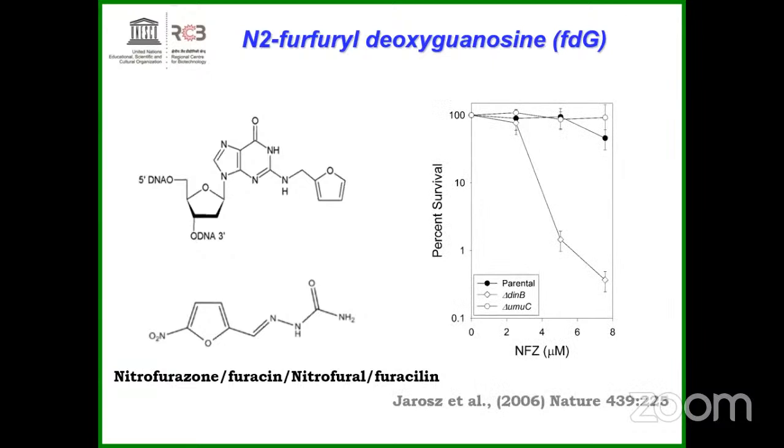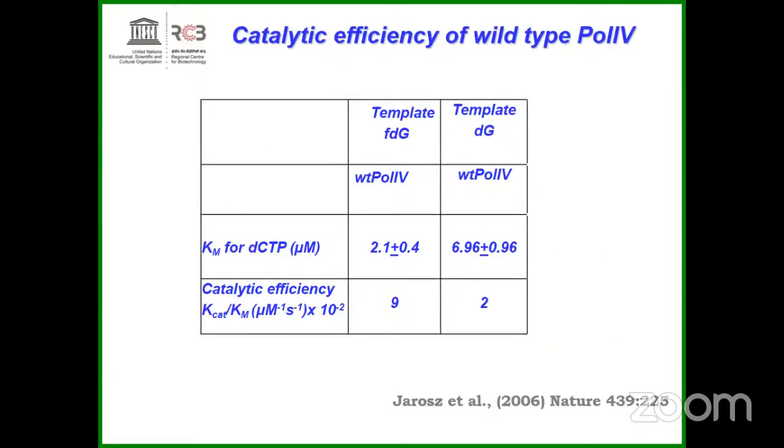So the paper that came out of Graham Walker's lab at MIT showed that when this DINB gene is deleted, the sensitivity of E. coli towards this antibiotic increases drastically. And so we wanted to figure out how this DNA polymerase 4 is reducing the sensitivity to nitrofurazone.